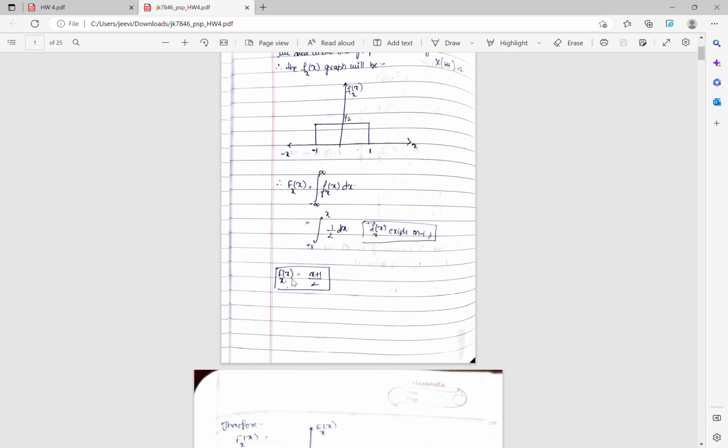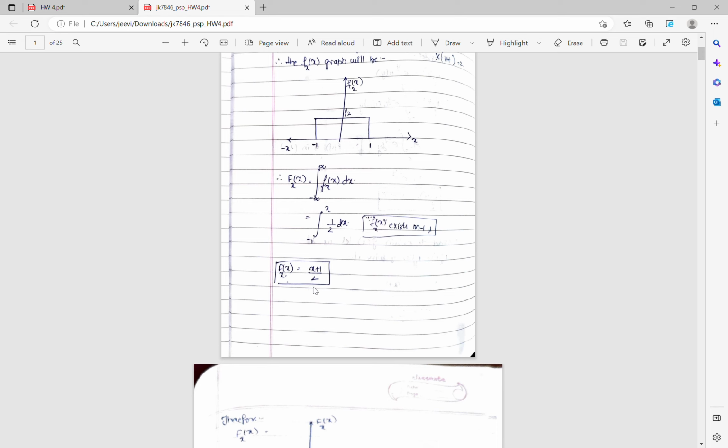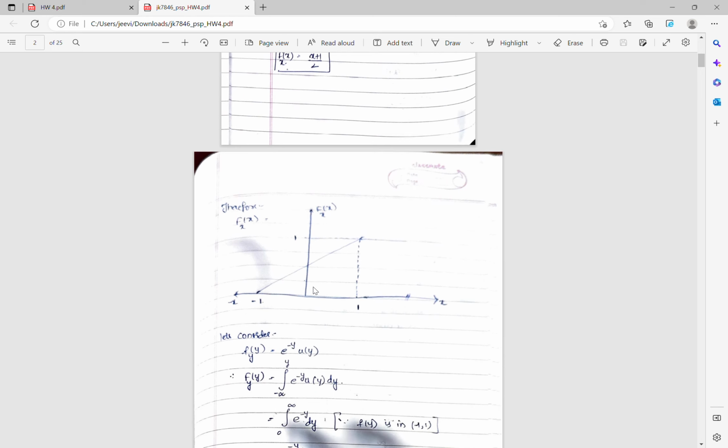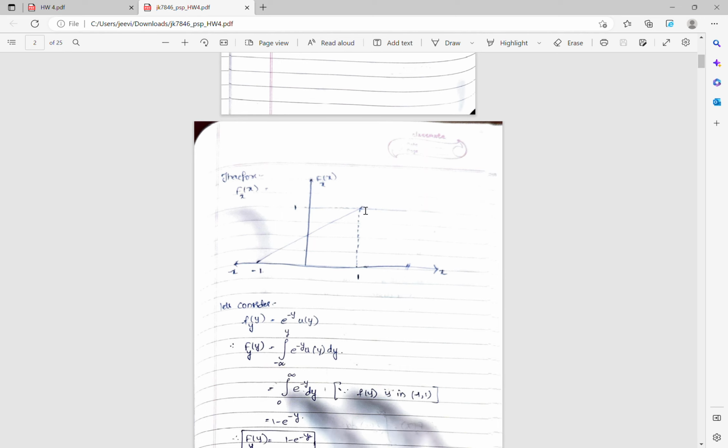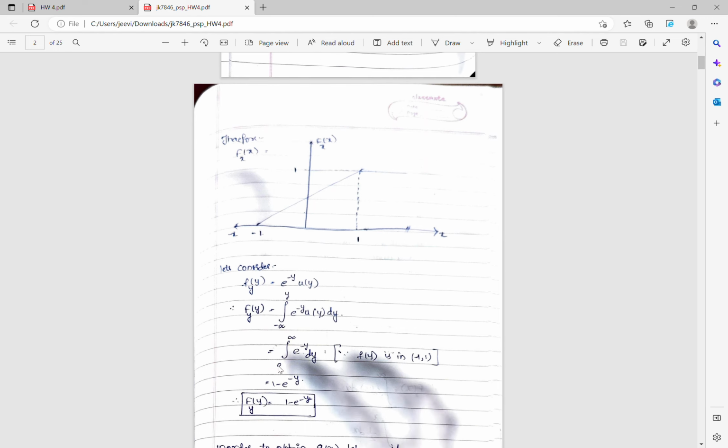Therefore, the cumulative distribution function for x will be equal to (x plus 1) by 2, which can be represented as in the figure you can see here, where the value increases till the point 1, and then stays constant.